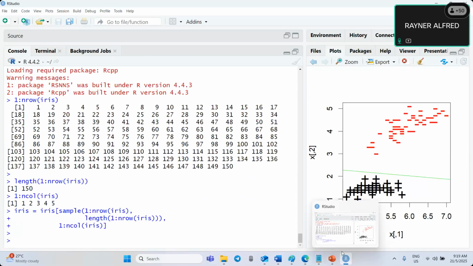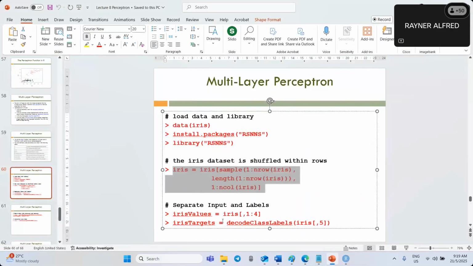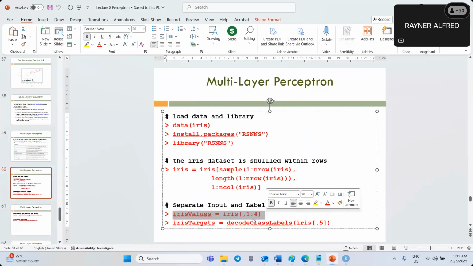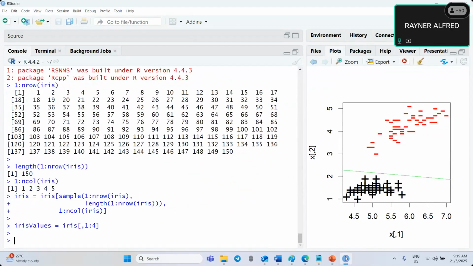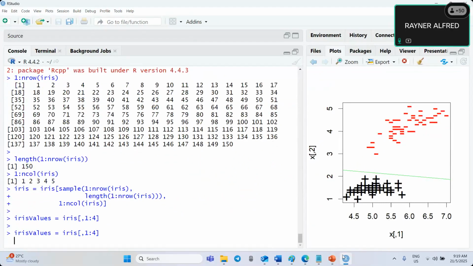So now we are looking at the iris for columns 1 up to 4 only.